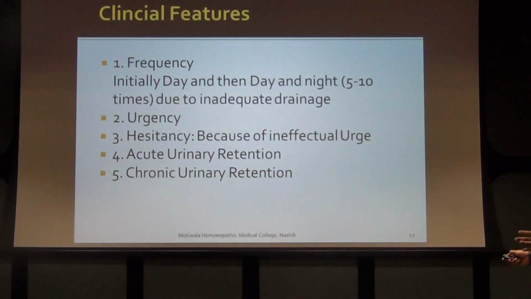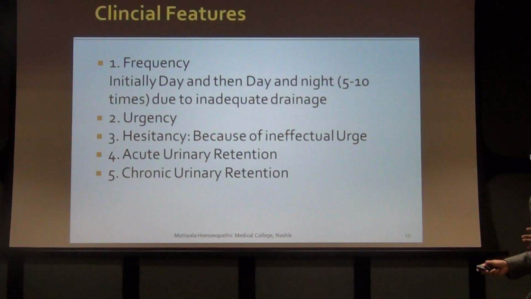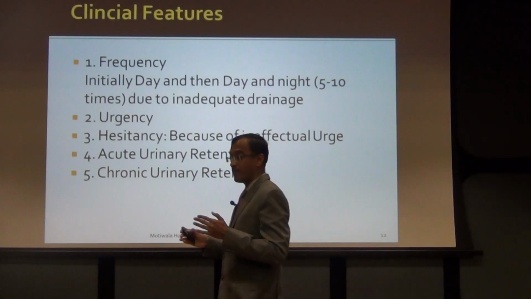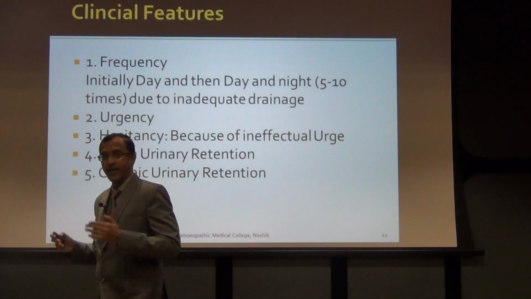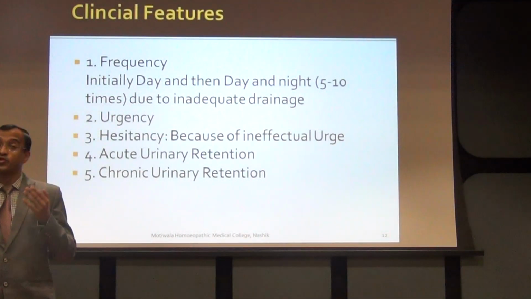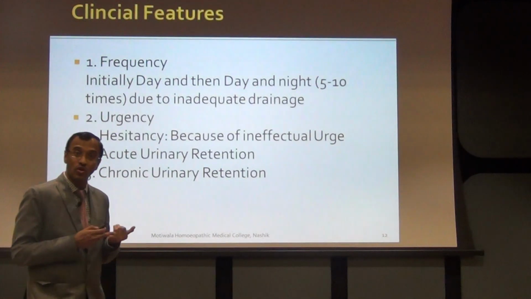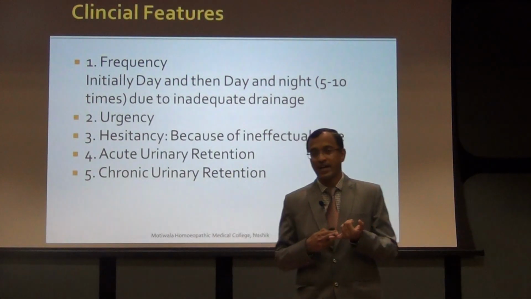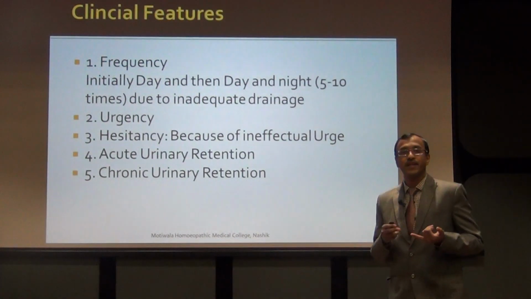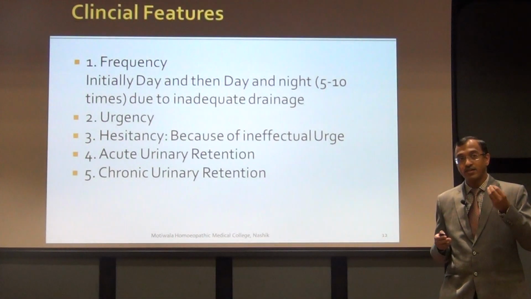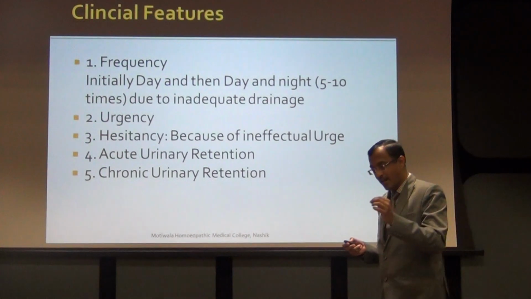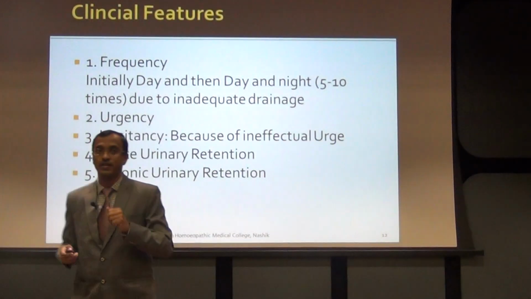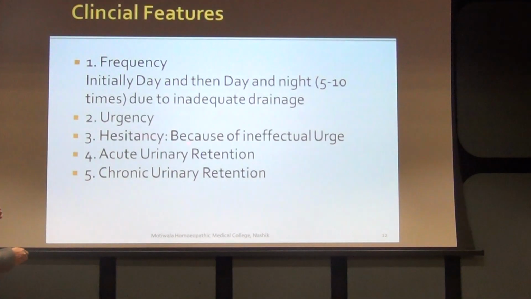If there is acute urinary retention in benign prostatic hypertrophy, I should have the skill to treat it. At that time, you have to understand that the clinical skill of putting in a Foley's catheter is essential.